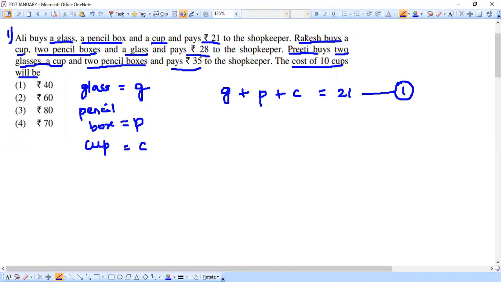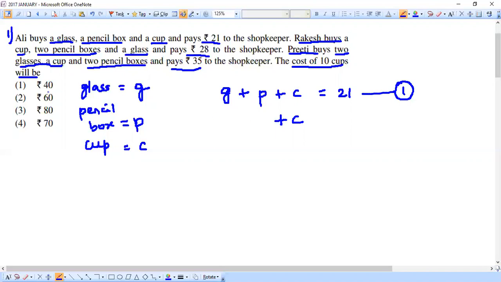Second one, we have Rakesh buys a cup, right? So a cup corresponds to one cup, so we'll have plus C here. We'll just place the like terms in the same column so that it will be very easy for us to grab the information, and when we solve the equations also, it will be very easy for us to take it and solve.